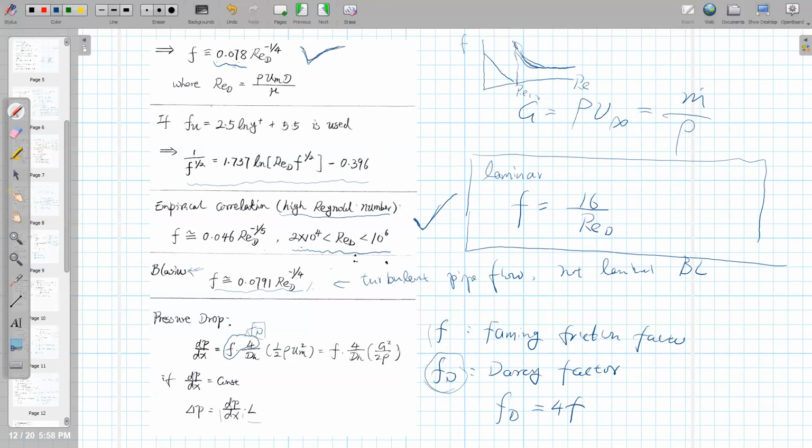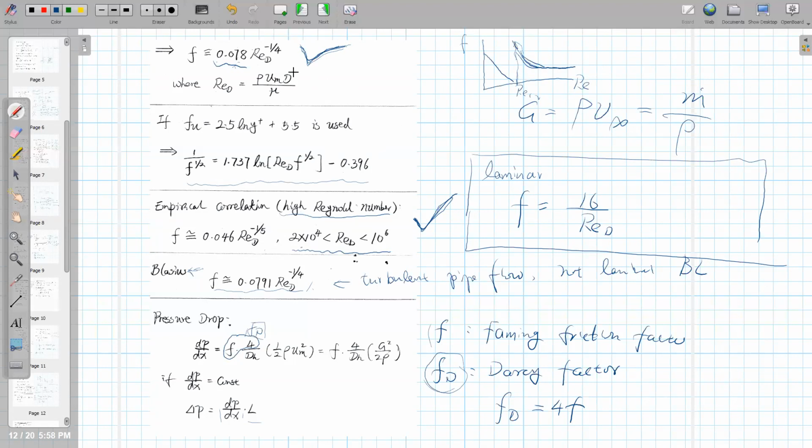But in a real practical problem, like when you do experiments and estimate the pressure drop for turbulent flow in pipes, this is more accurate. But be careful that this only works for a large Reynolds number, starting from 20,000. If the Reynolds number is smaller than this value, this cannot be used.